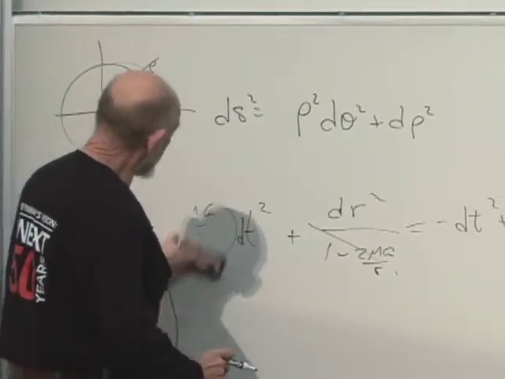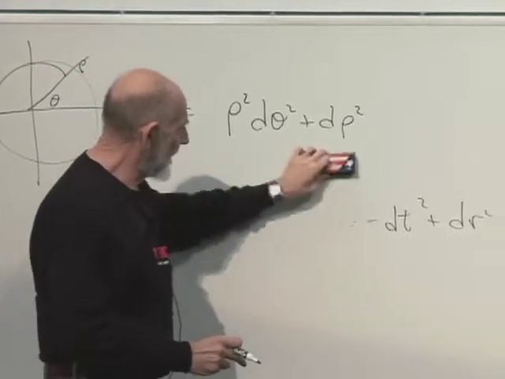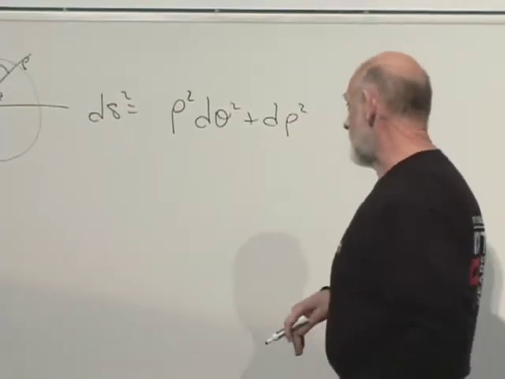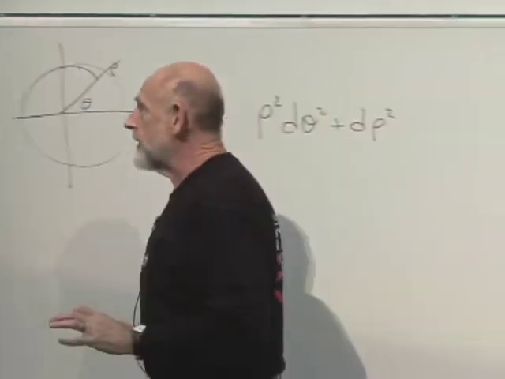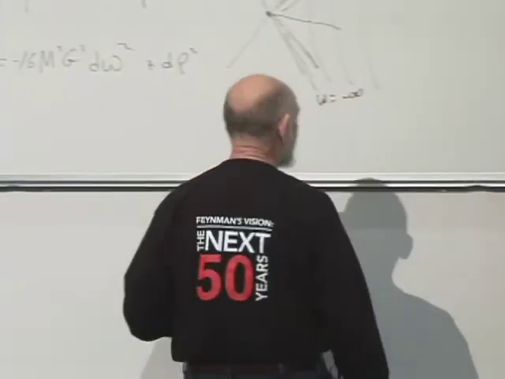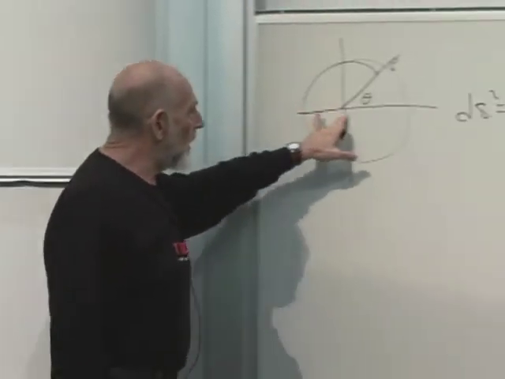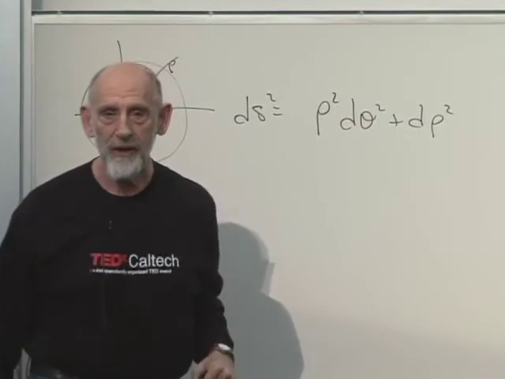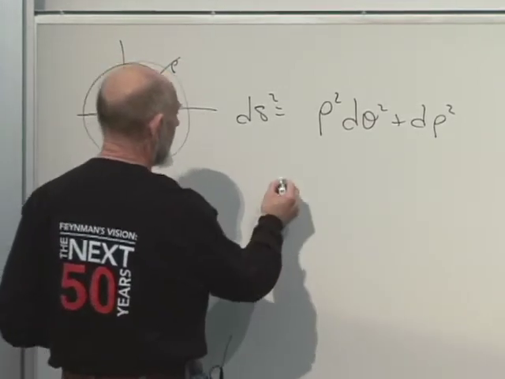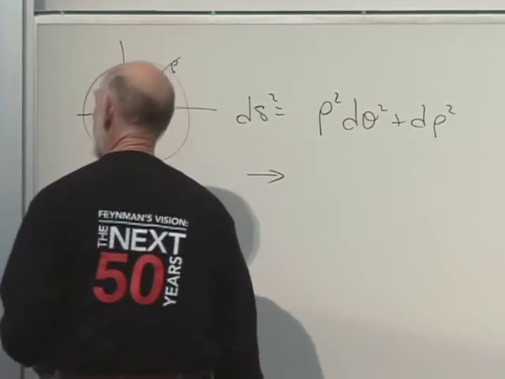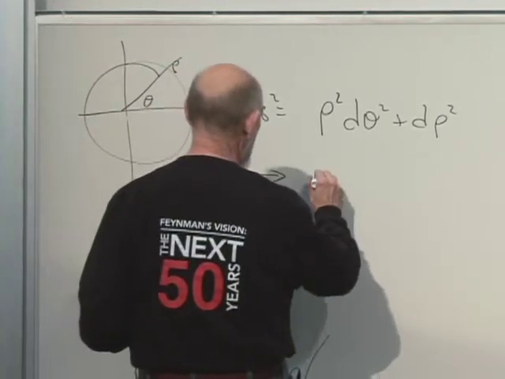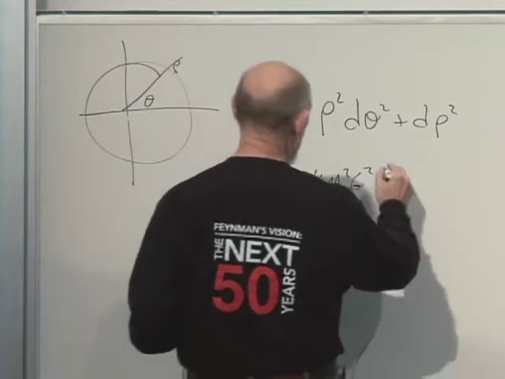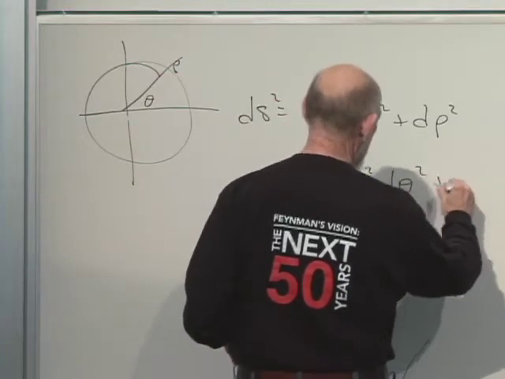It's much easier to understand space than it is space-time. So let's come back to this picture, and now imagine a geometry which has the following property. Near the origin, it looks like rho squared d theta squared plus d rho squared. But far from the origin, it looks like, instead of rho squared, let's just say 16 m squared g squared d theta squared plus d rho squared.